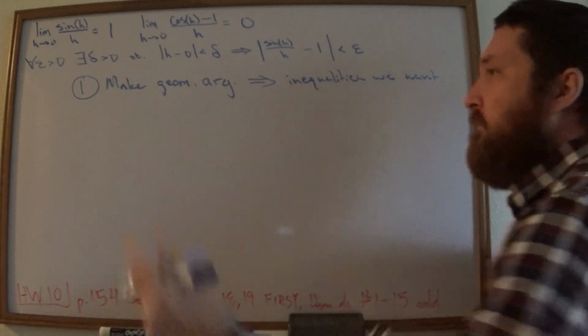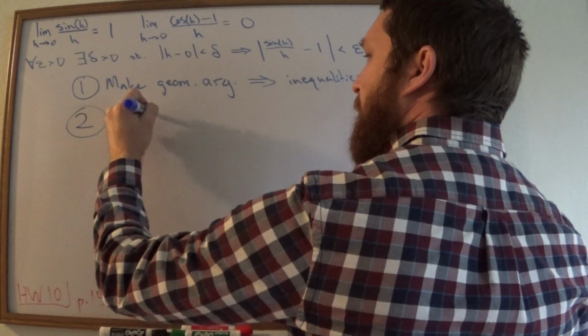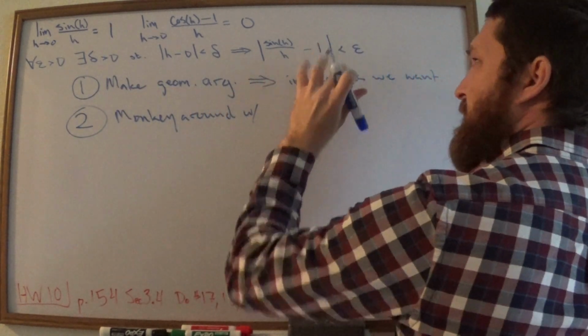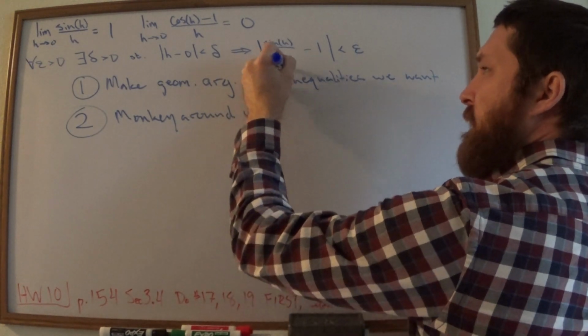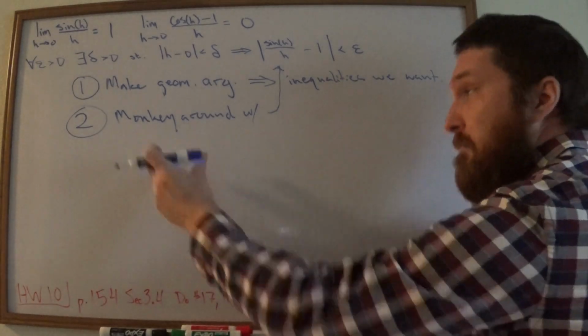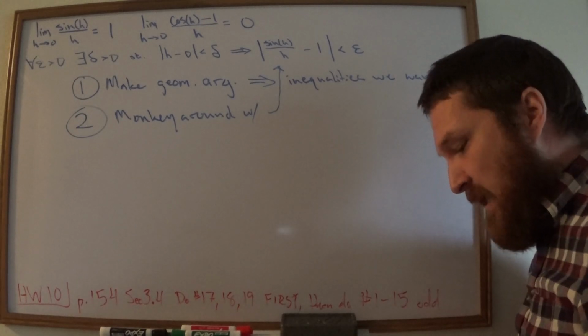Then, after we make that geometric argument, we're going to monkey around with this expression. That's a technical term: one monkeys around with an expression.